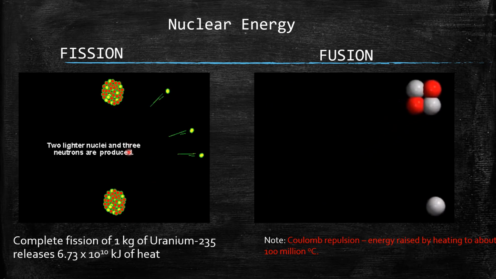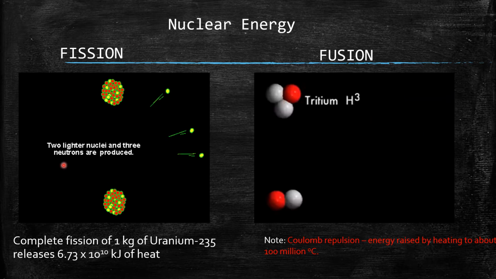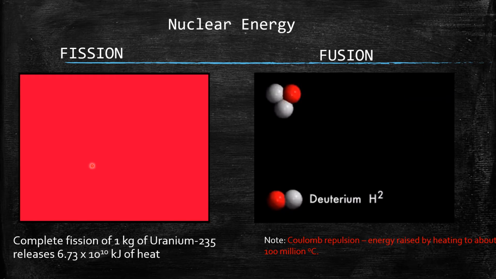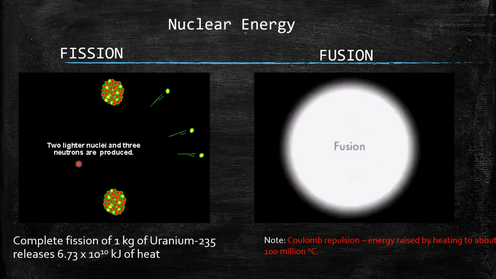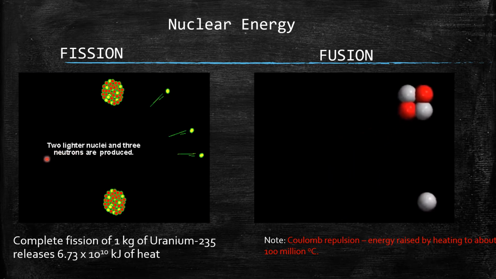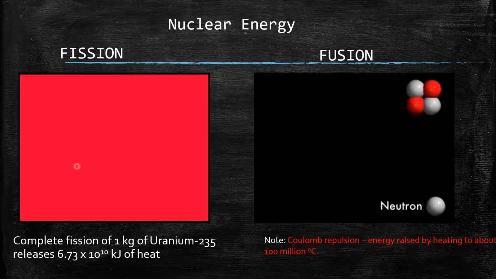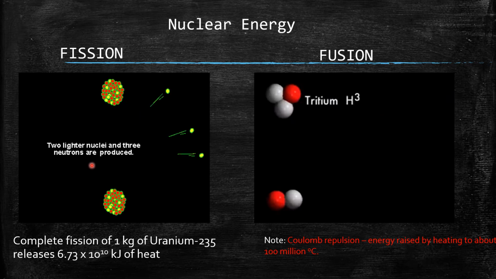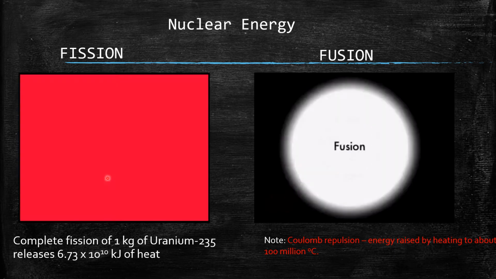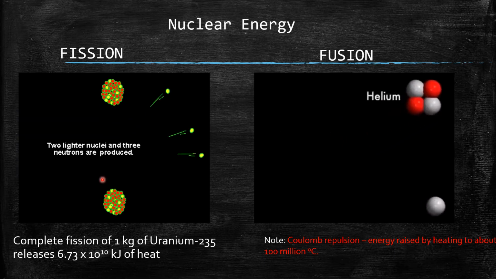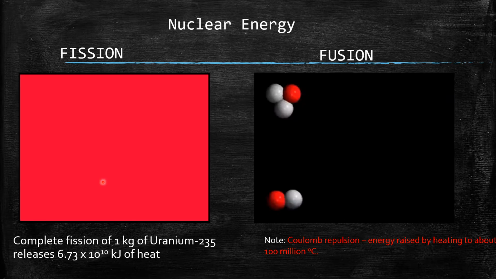When a uranium-235 atom absorbs a neutron and splits during a fission process, it produces 2 lighter nuclei and 3 neutrons. In this case, it produces a cesium-140 atom, a rubidium-93 atom, and 3 neutrons, which has 3.2 times 10 to the 11 joules of energy.